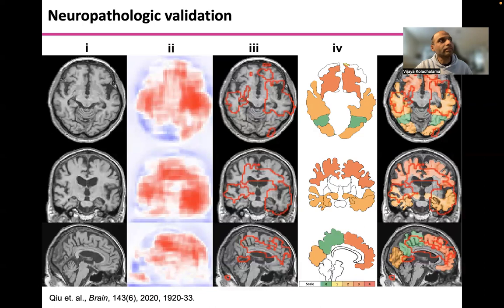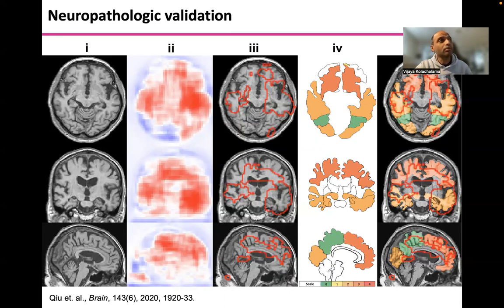And then finally, we identified a few cases from the Framingham Heart Study where the neuropathology reports were available. And these reports basically included region-specific scores of different proteinopathies, which are the protein depositions indicative of Alzheimer's.